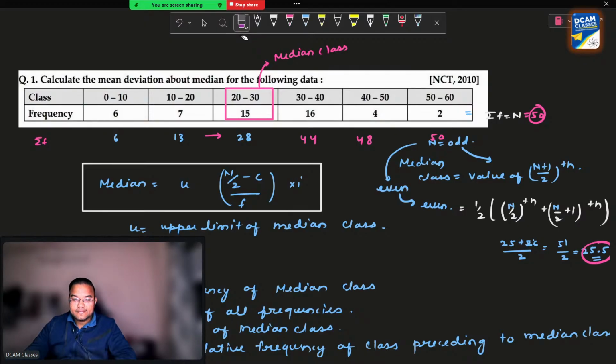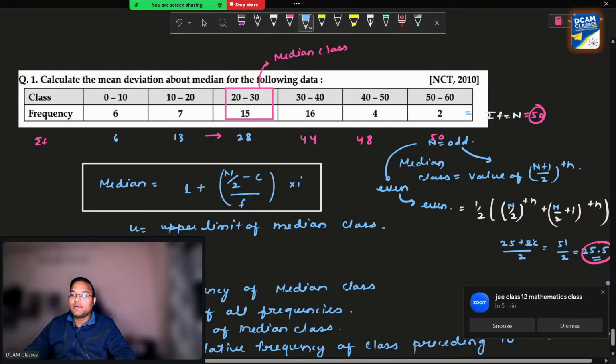It's lower limit minus... no, it's lower limit plus, so L plus, because it's increasing. For the decreasing one, we had that other formula.